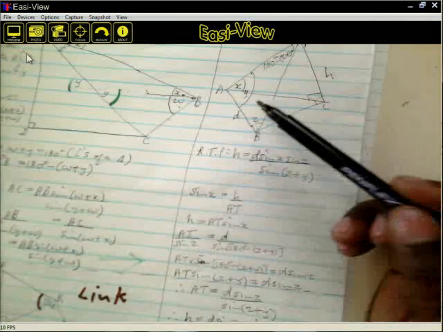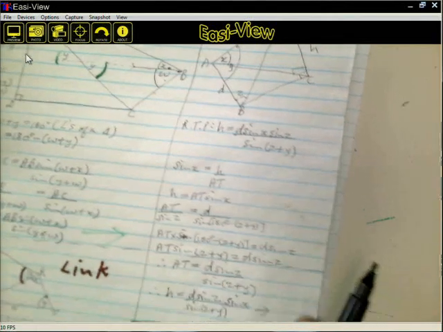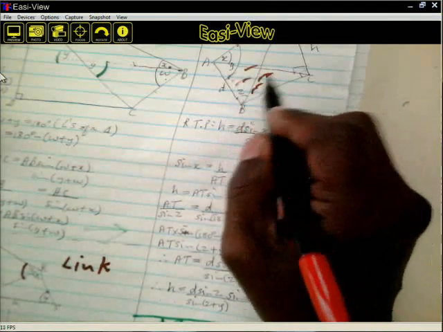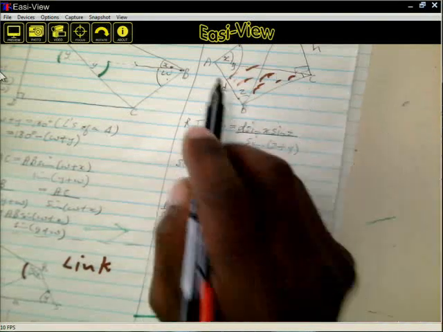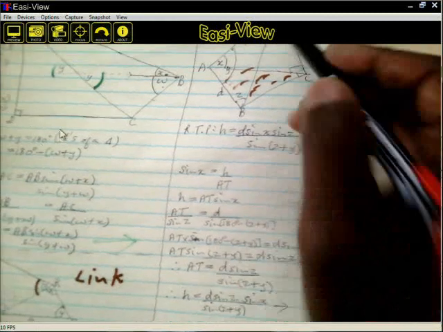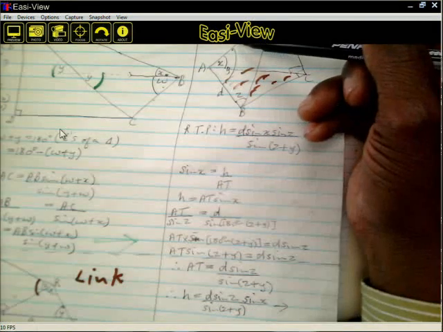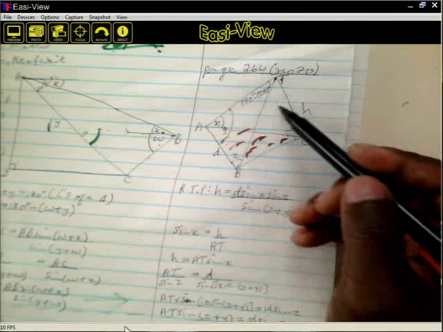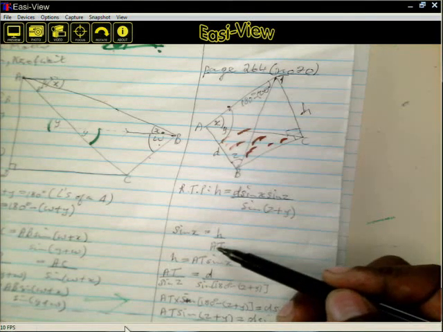And then we have in this other triangle, once again, look at this, is a plane. This H is perpendicular to the plane, therefore, it must be perpendicular to this line. Therefore, this triangle here is right angled. And this then becomes your hypotenuse in this triangle. So the sine of x is opposite, which is h, over hypotenuse, which is AT.